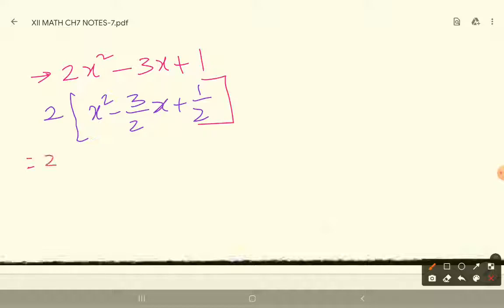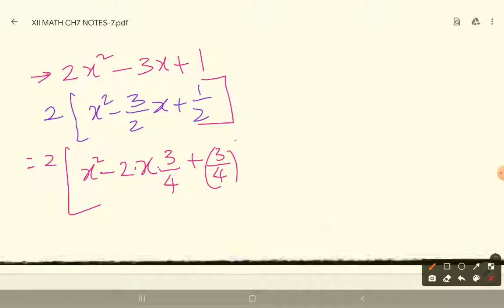This can be written as 2 into (x square minus 2 into x into 3 by 4, if I take, then the 2 2s are cancelled, 3 by 2 will become, okay, plus (3 by 4) whole square minus (3 by 4) whole square plus 1 by 2).